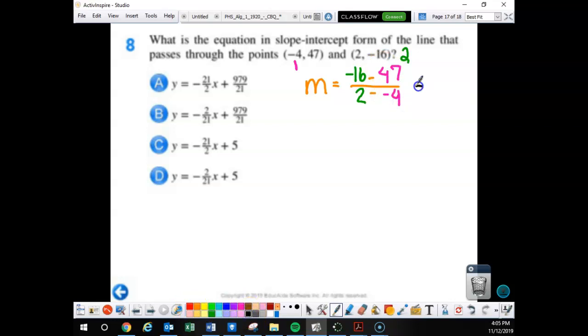So if I do this math, 16 minus 47 is negative 31. And 2 minus negative 4, that's positive 6. Okay. Can I reduce this?